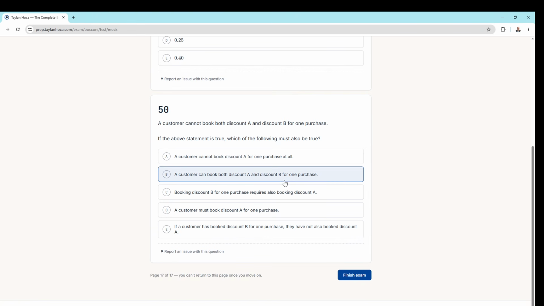A customer cannot book both discount A and discount B for one purchase. Okay, a customer cannot book both in one purchase. Okay, no, they said both. A customer can book both discount A and discount B for one purchase?